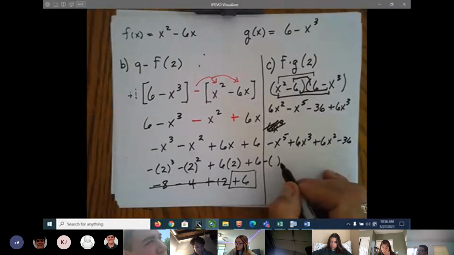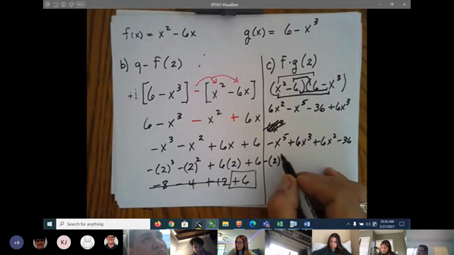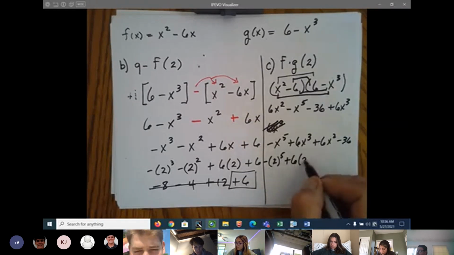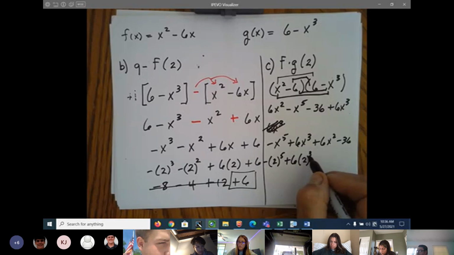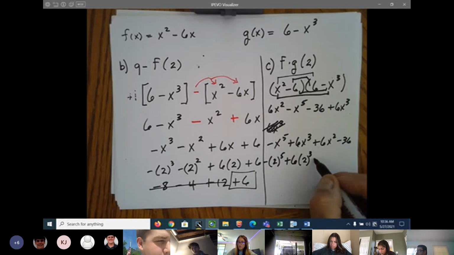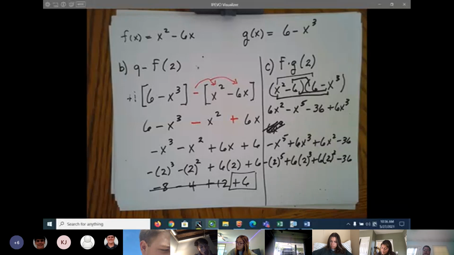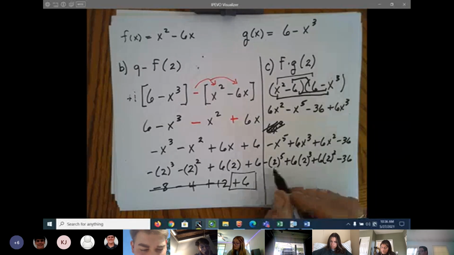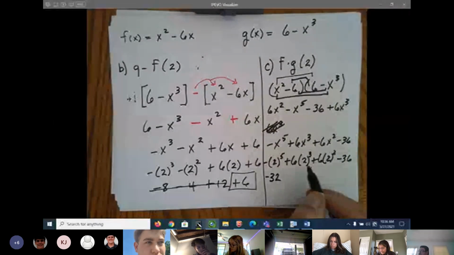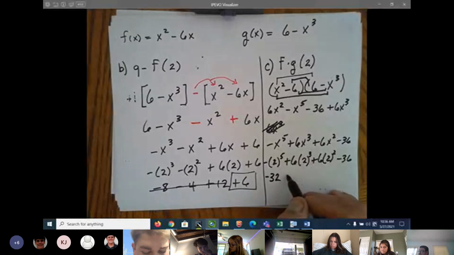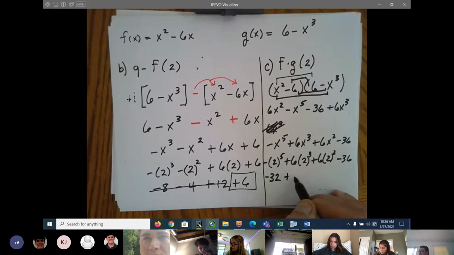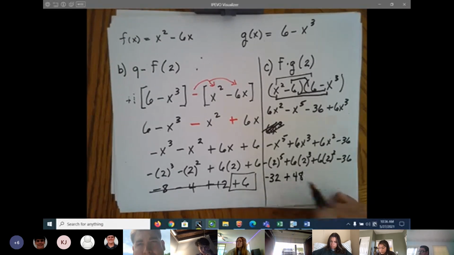Negative parentheses, and we're going to plug in a 2 plus 6 times 2 parentheses 3 plus 6 times 2 squared minus 36. That's negative 32. 6 times 8 is 48. Help me out. I hate 8s.